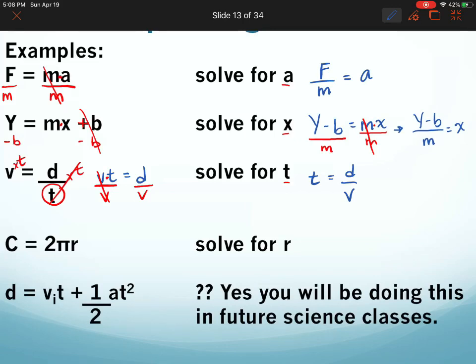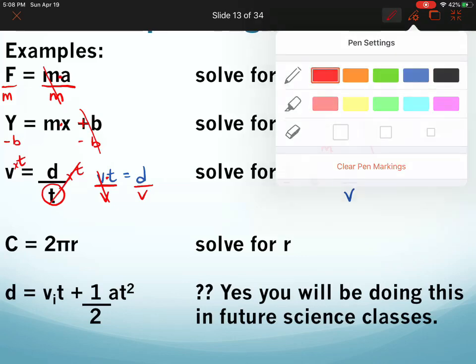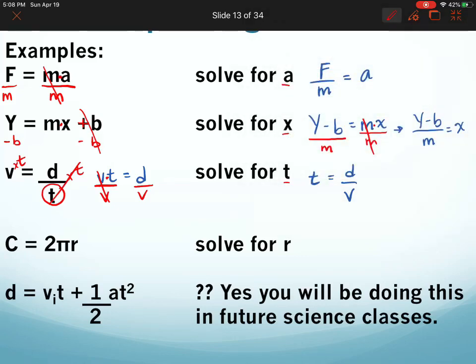And then finally, c equals 2 pi r. Does anybody know what this is the equation for? It's for circumference. For circumference around the circle, which is just the distance around the circle. So here we're going to solve for r. So what's being done to r? It's being multiplied by 2 and by pi. Did you know I can just divide by both of those at one time?